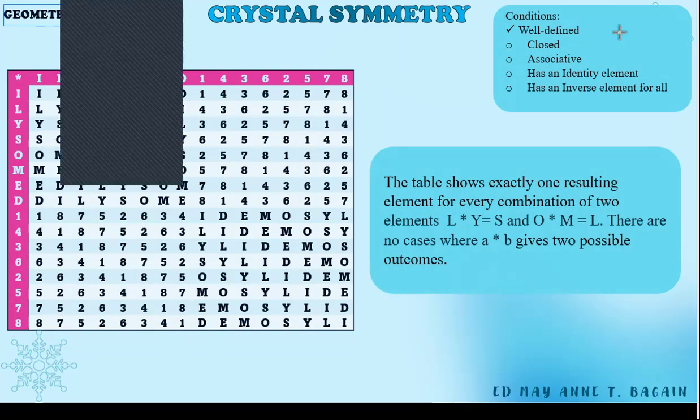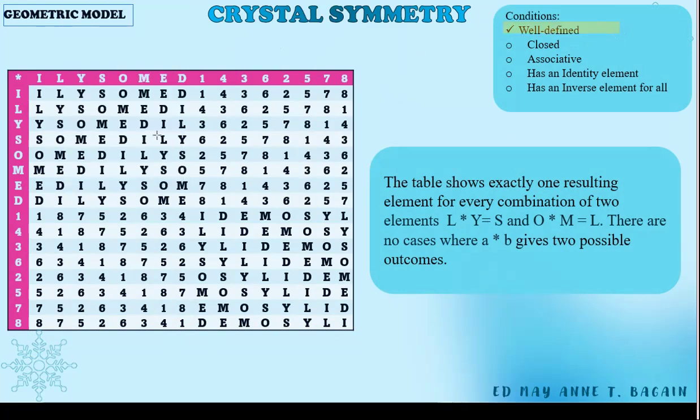Okay, if it's well defined, it shows that this table is well defined. Well defined means it has a unique output for each input pair, meaning the table shows exactly one resulting element for every combination of two elements.